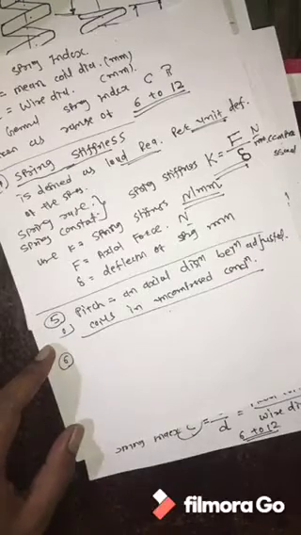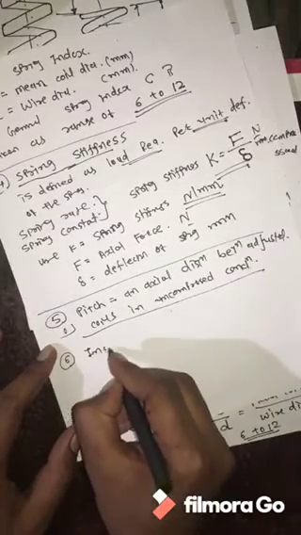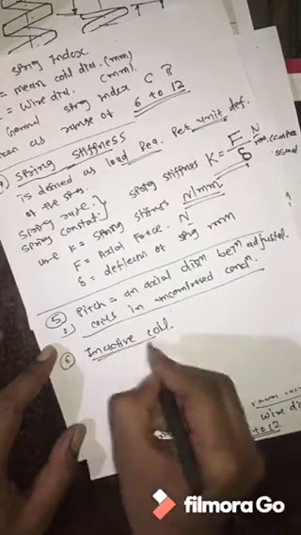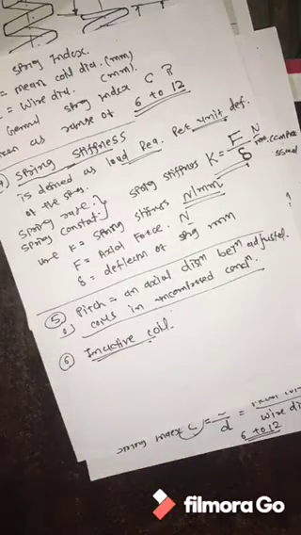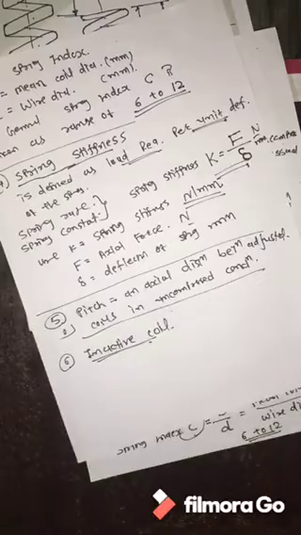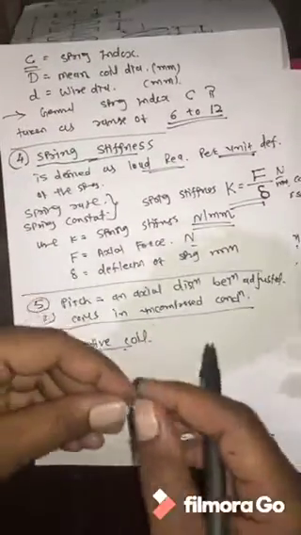What is inactive coil? Suppose we have a spring, this one is one type of spring.